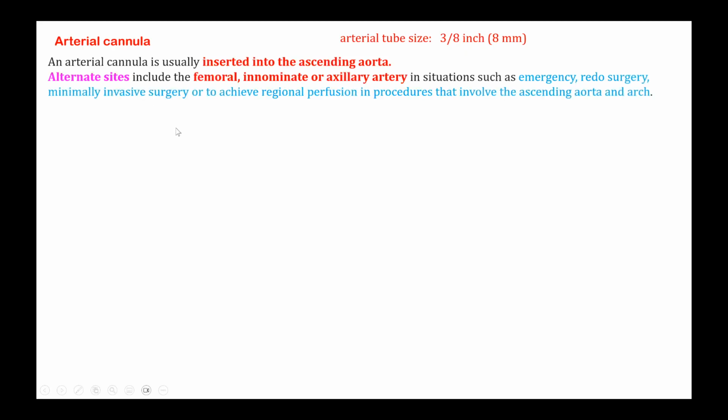The alternate site for that again is femoral, innominate or axillary, and they are used in cases of emergency or in minimally invasive surgeries, to achieve regional perfusion in procedures that involve the ascending aorta or the arch of the aorta. So the three indications for arterial cannulation other than the ascending aorta are emergency surgery, minimally invasive surgery or aortic surgeries. Okay? These are the three conditions where you can use other sites.